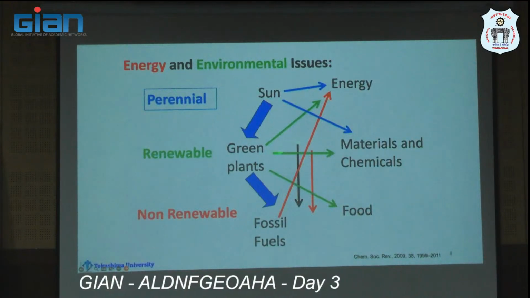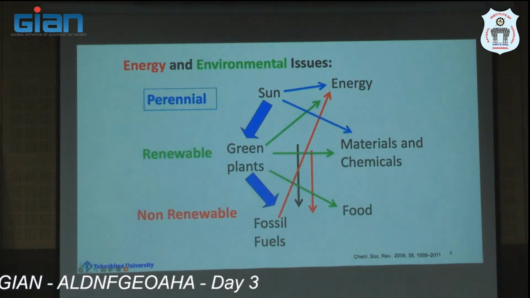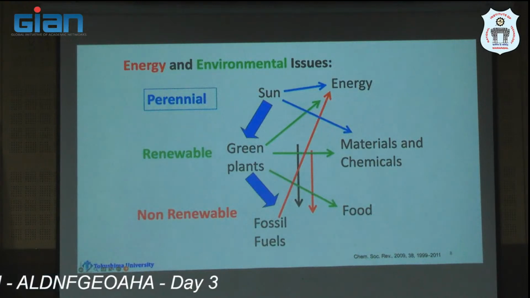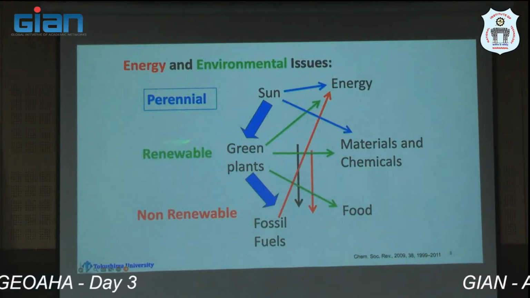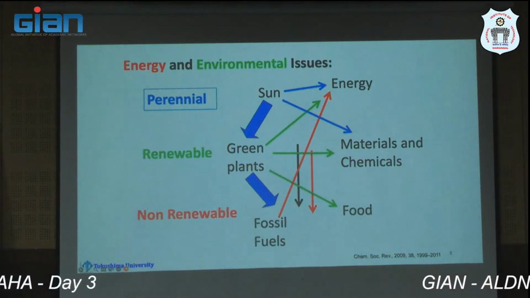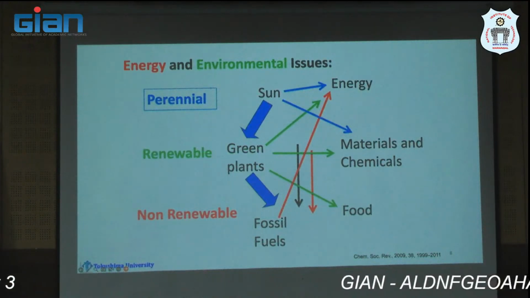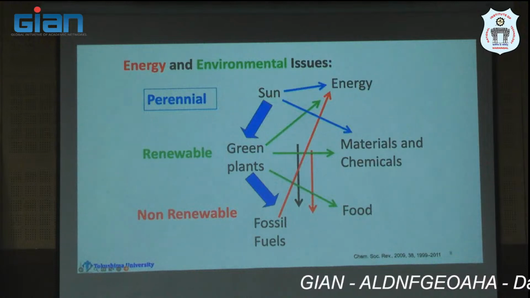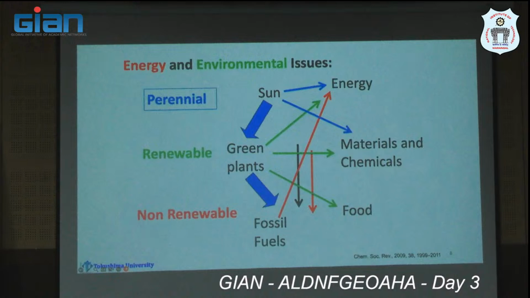Earlier we were using fossil fuels, which had the bigger problem of creating CO2 and various byproducts. Then we started to use renewable energies. Renewable energy can be the sun or some kind of gases.